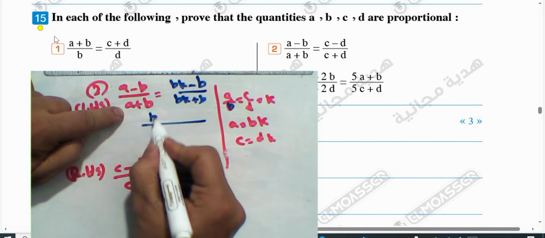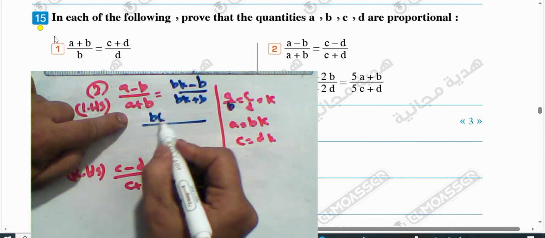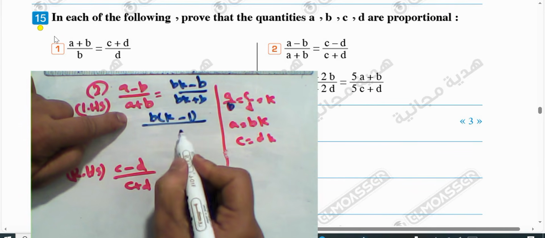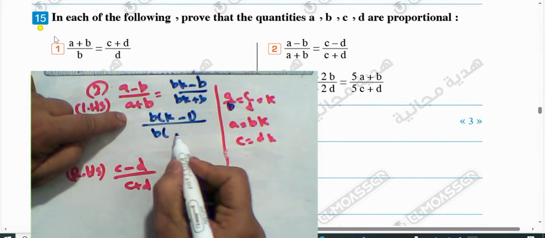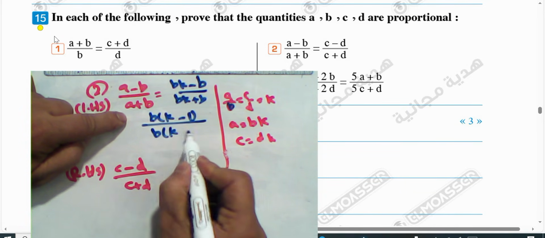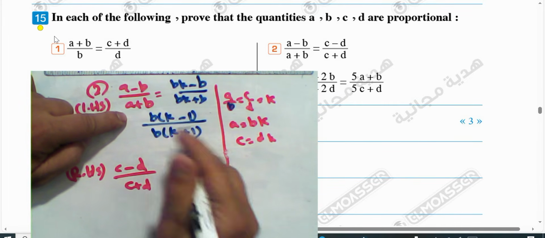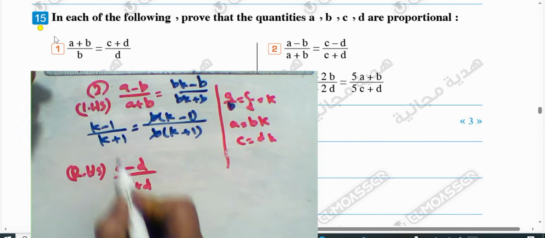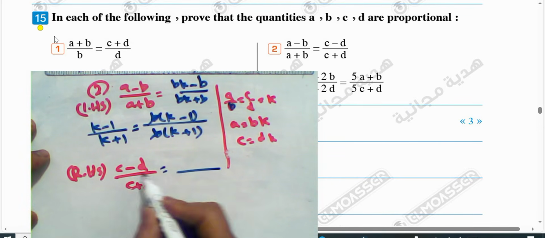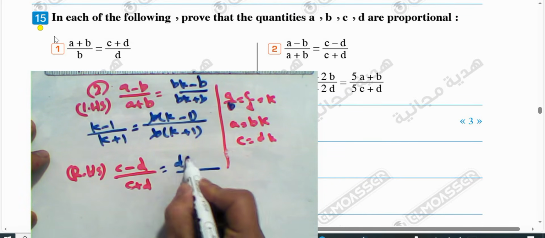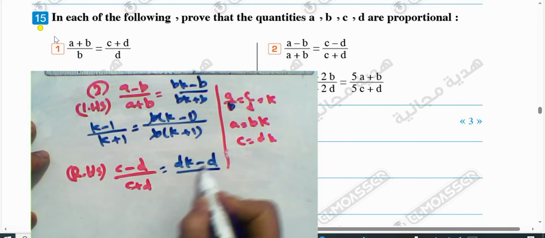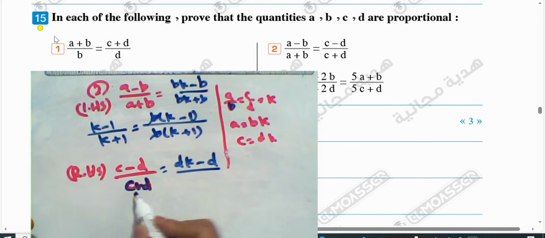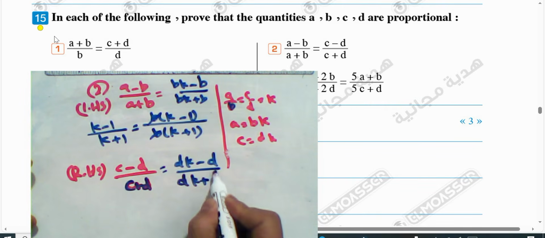You can take b as a common factor between two terms, bk divided by b equals k and b divided by b equals 1. Down, write b outside as a common factor, bk divided by b equals k plus 1, b divided by b is 1. And the simplest will be k minus 1 over k plus 1. Then c minus d, where c is dk, subtract d, over c plus d, where c is dk plus d.